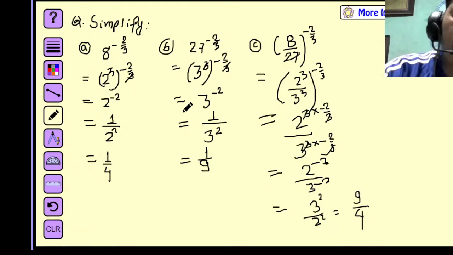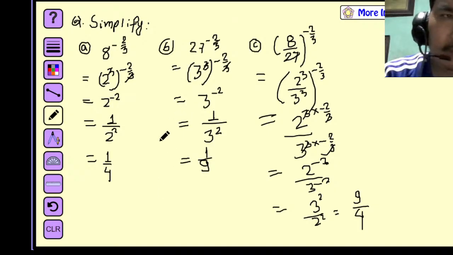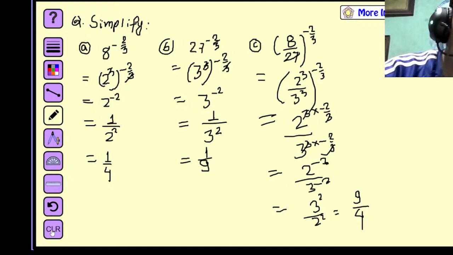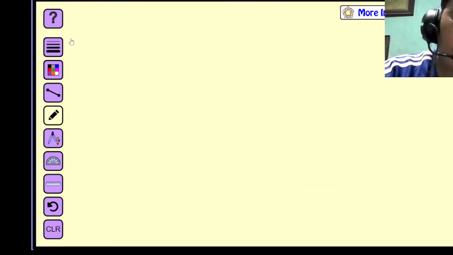Okay, now children, look, I am going to show you the next type of question. Write this: simplify, and write the equivalent exponent expression by using positive indices. We have to write all the powers as positive ones in this question.